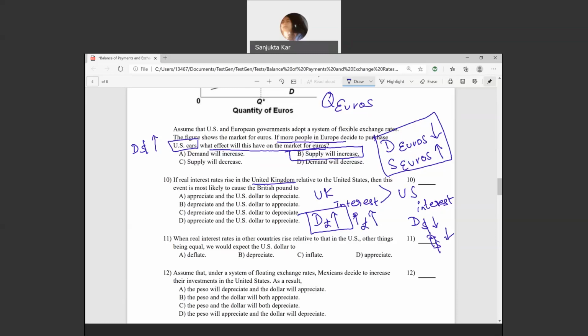This is going to cause an appreciation of British pound and a depreciation of US dollars. Just remember, when one currency goes up in value, the other currency is going to go down in value. Question 11. If the interest rate in other countries rise relative to that in US, other things staying equal, we would expect the US dollars to depreciate in value.